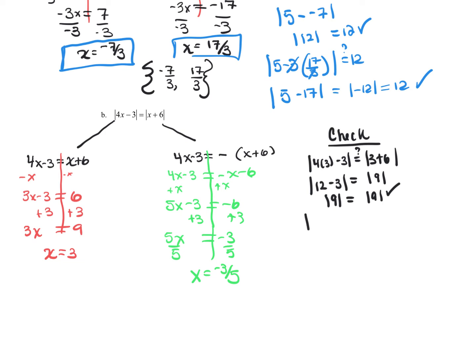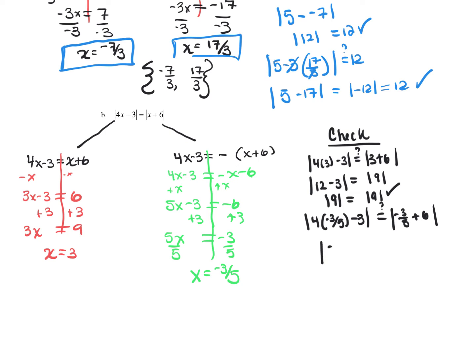And the other one, the absolute value of 4 times negative 3 over 5 minus 3 equals question mark negative 3 over 5 plus 6. You can use a calculator and do 4 times negative 3 over 5 and subtract 3.